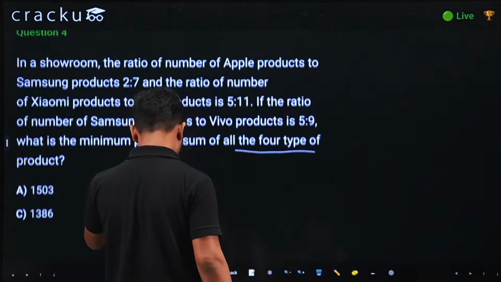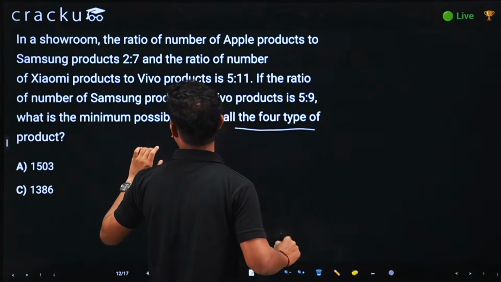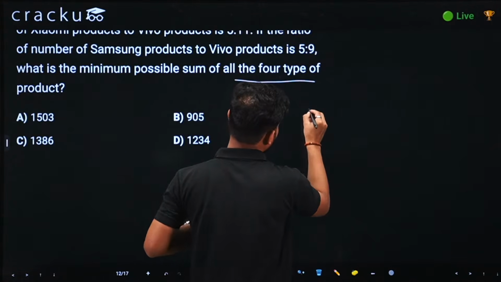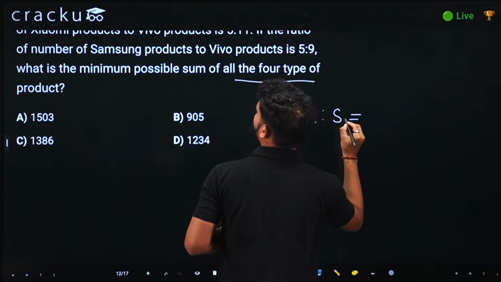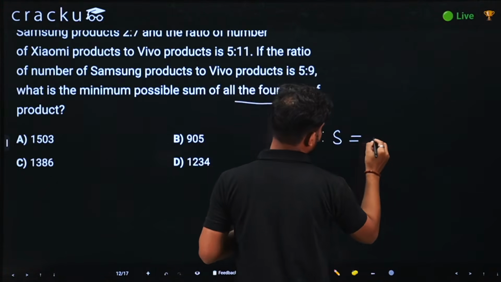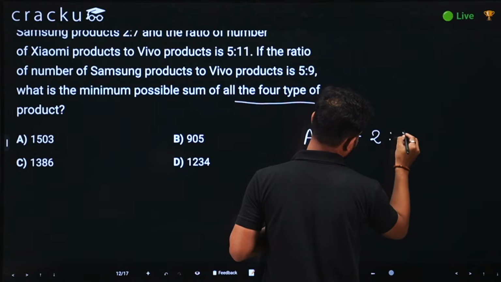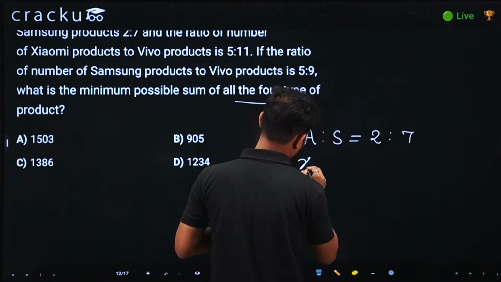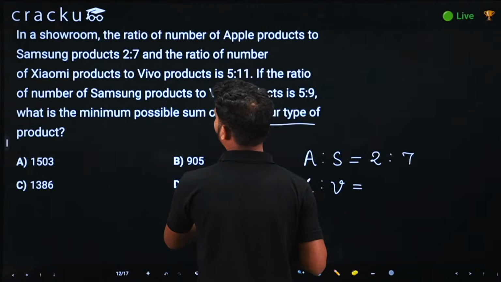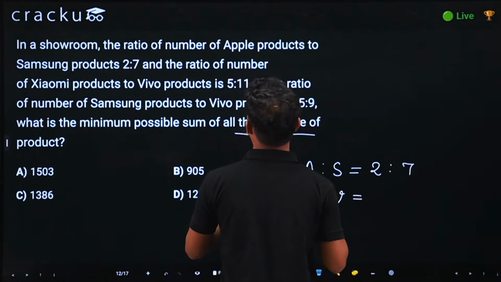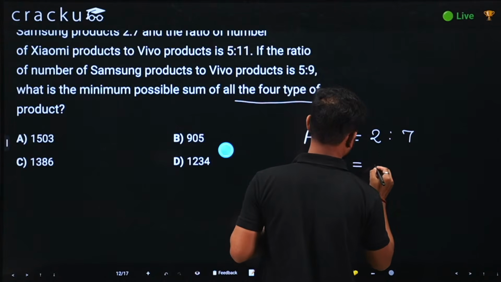How you go forward with this? Just write down the information. So you have Apple to Samsung given as 2:7. Xiaomi to Vivo is given as 5:11.